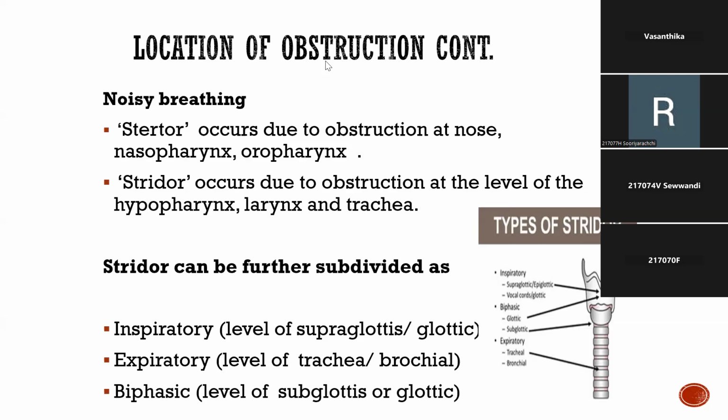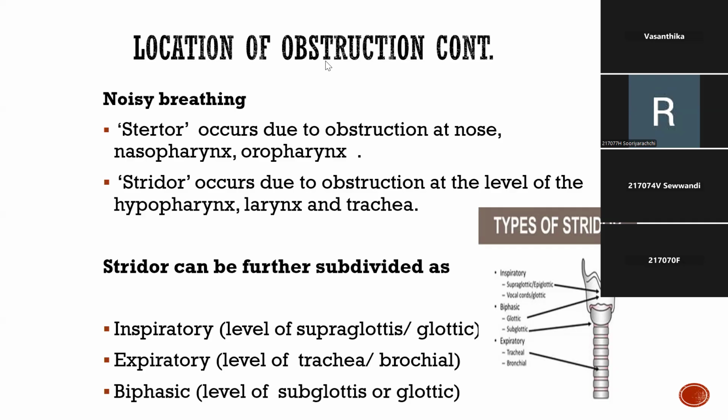Noisy breathing due to nose, nasopharynx and oropharyngeal compromise is called stertor, snoring. But if the compromise is in the lower part, the hypopharynx, larynx and trachea, they will get a condition called stridor. That is a medical emergency.